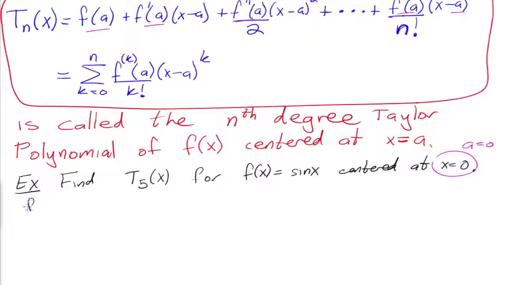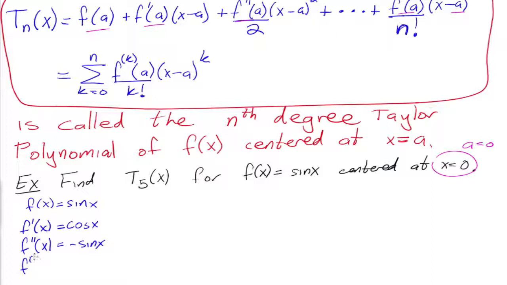So we have f of x is sine x. The first derivative is equal to what? Cosine x. Second derivative is equal to negative sine x.